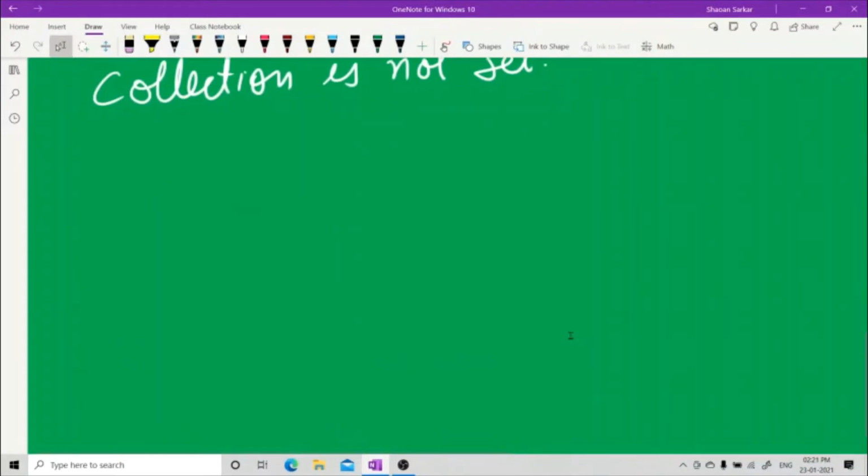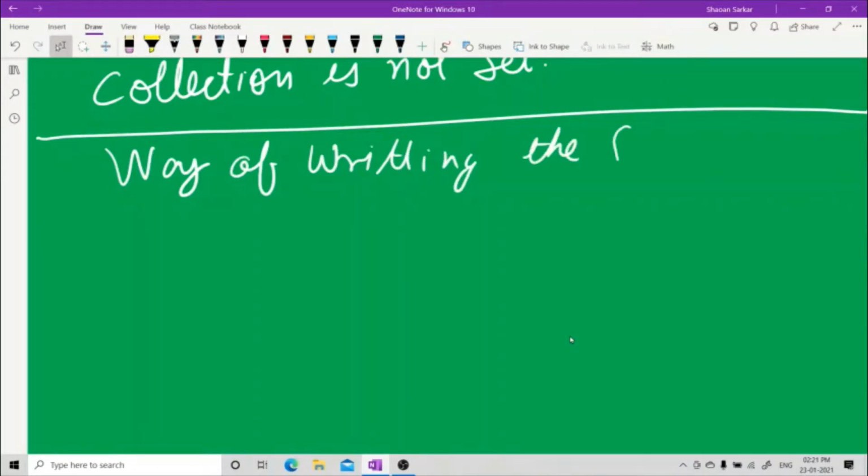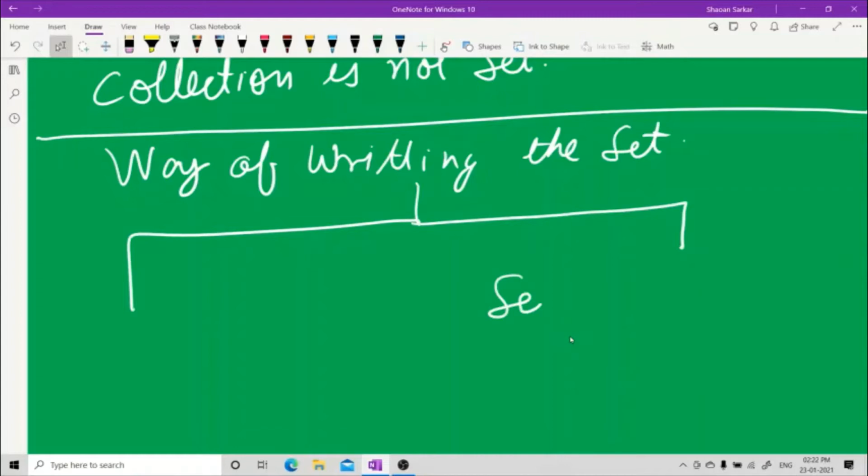Now these are two ways of writing sets. Let us write down किन तरीके से हम सेट्स को लिख सकते हैं. Ways of writing the set. There are दो methods हैं. एक है set builder form.